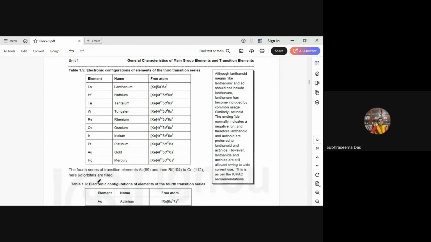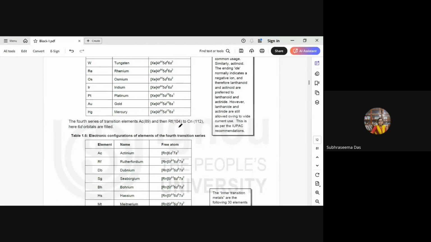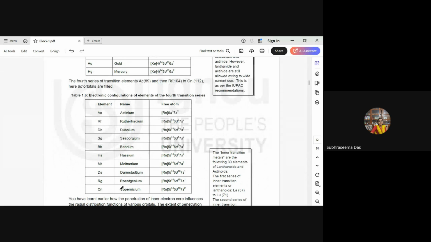And then the fourth series is actinium 89, to rutherfordium, that is 104, and finally copernicium, that is 112. Here the electron goes into the 6d orbitals, and they are called the fourth transition series.